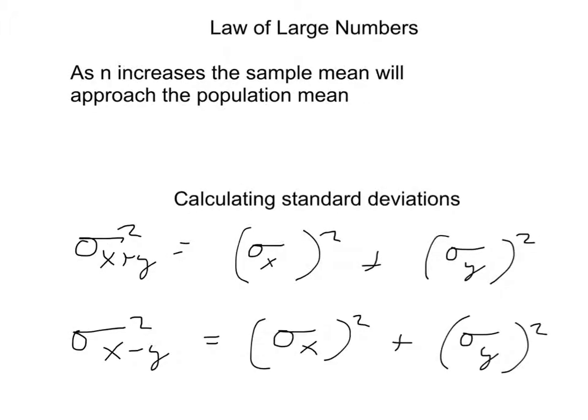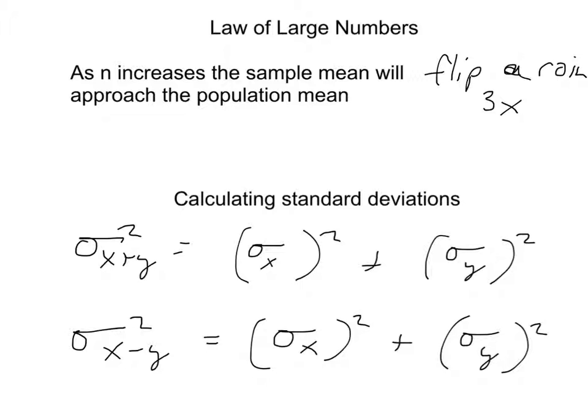Another subject matter is the law of large numbers. This is kind of a repeating term. It's going to come back in more chapters, and I think maybe we might have already addressed this. But the law of large numbers is as n increases, the sample mean will approach the population mean. An example that will help make more sense: let's flip a coin 3 times.